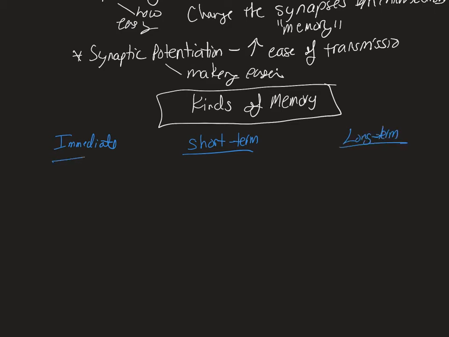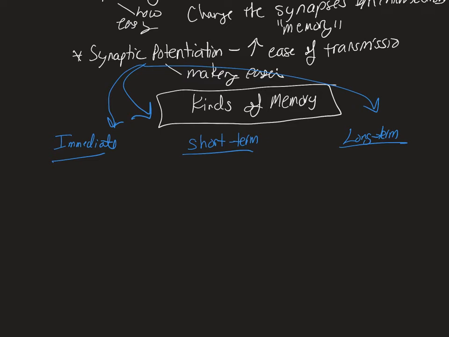All of these are affected by this plasticity and potentiation idea, okay? You need to have that potentiation making synapses happen, or these types of memories don't form or occur, okay?